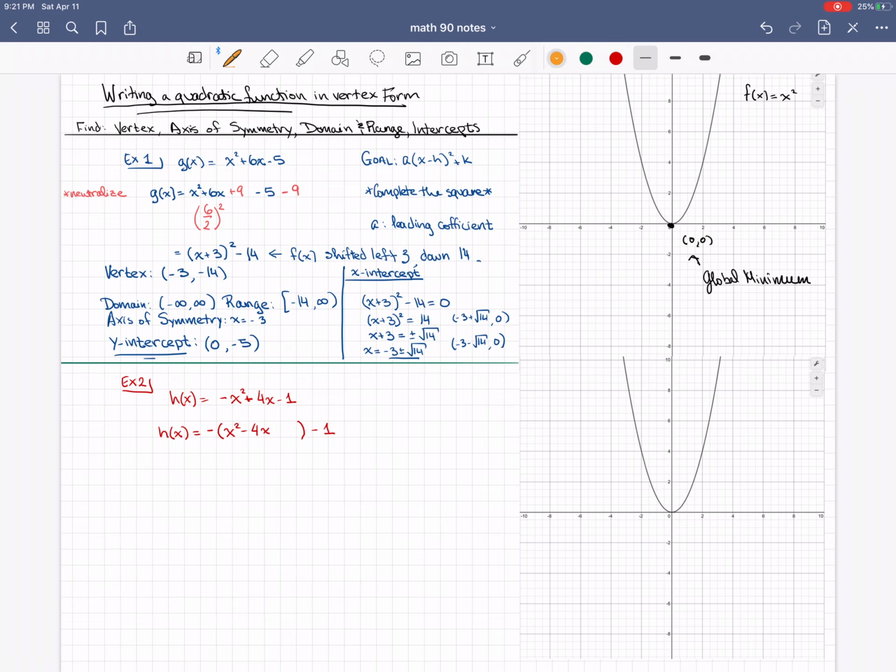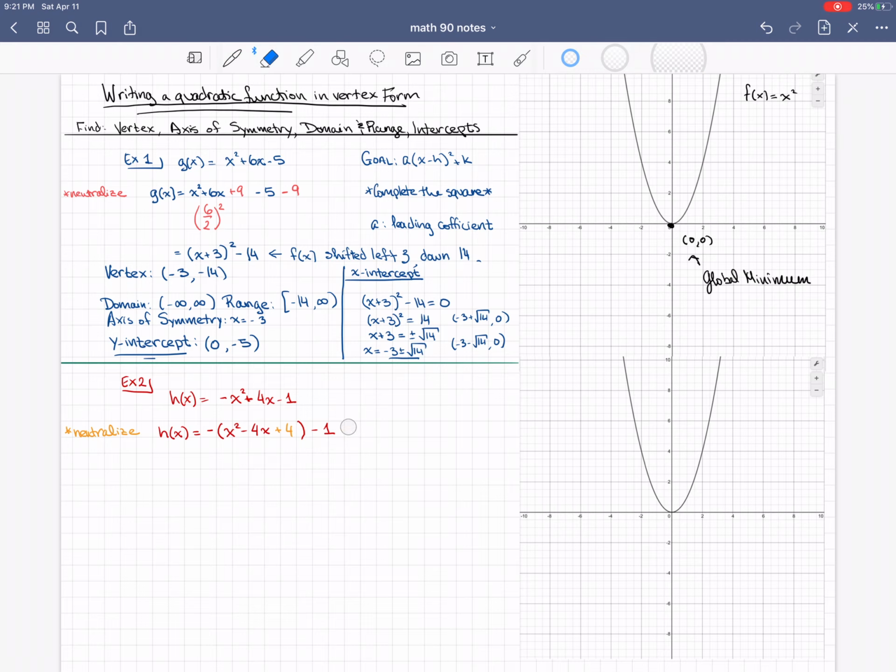Now, what do we add? Let's use orange this time. What do we add to x squared minus 4x to make it into a perfect square? Well, we take half of -4, which is -2, and square it. So that's +4. Now we have to neutralize it. You can't just go around adding 4 to things. Anything that you do that changes the value of the function, you have to undo. So your first instinct might be, oh, we're just going to subtract 4, right?